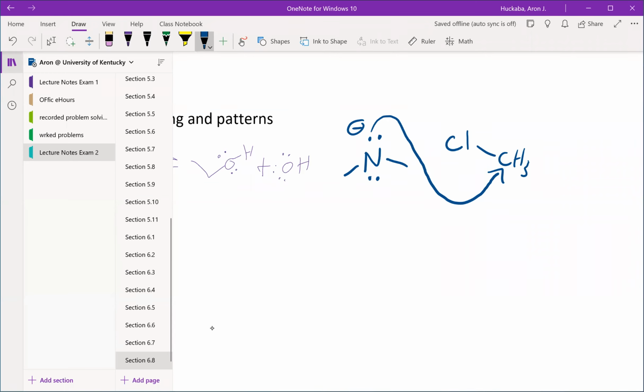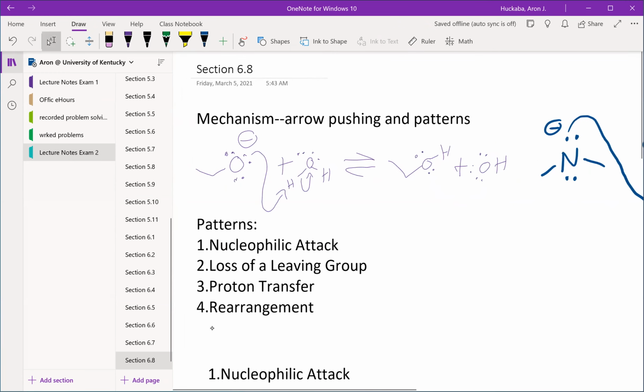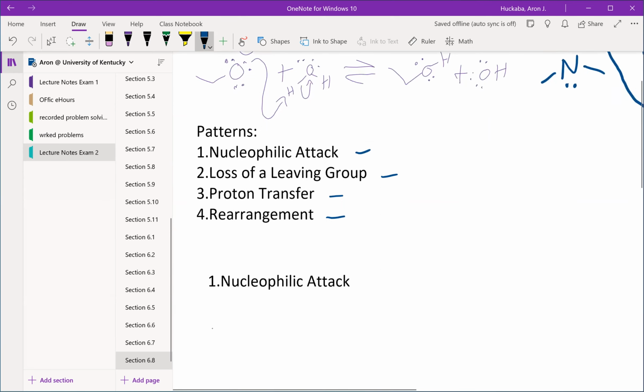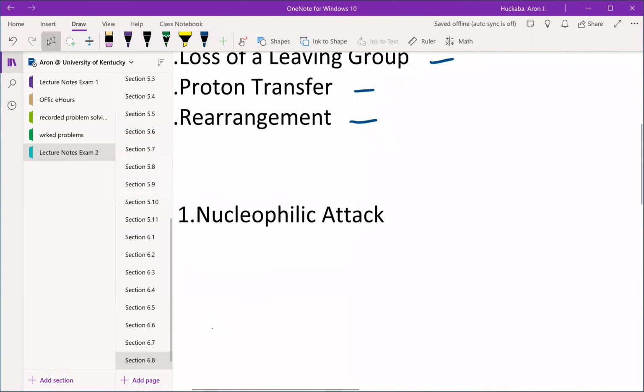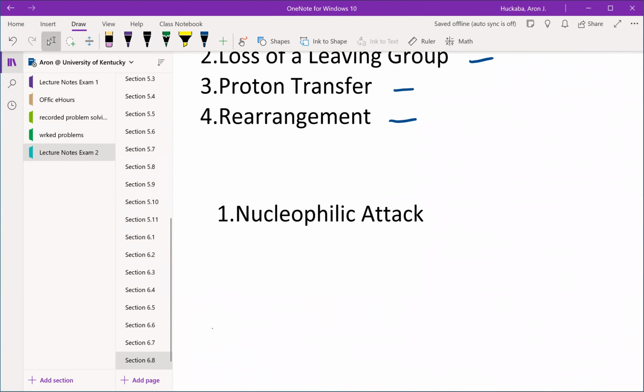Okay, now let's have a look at our four patterns again. Once again, we have nucleophilic attack, loss of leaving group, proton transfer, and rearrangement. So let's look a little more carefully at the nucleophilic attack one. This is something that we covered a little bit in passing in the last section. But here, the basics are that you have some nucleophile, say this ethanol here.